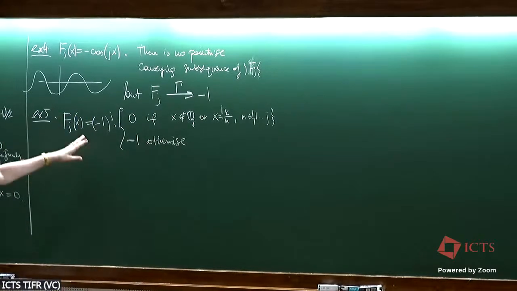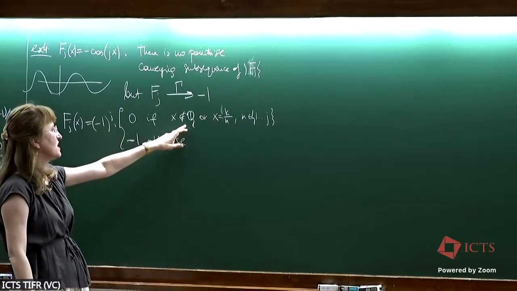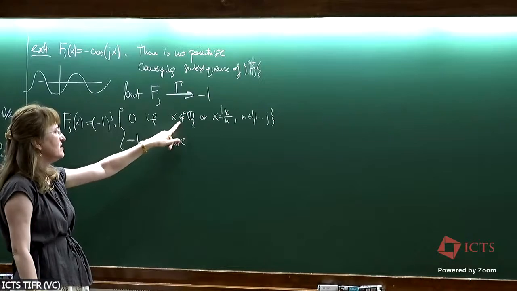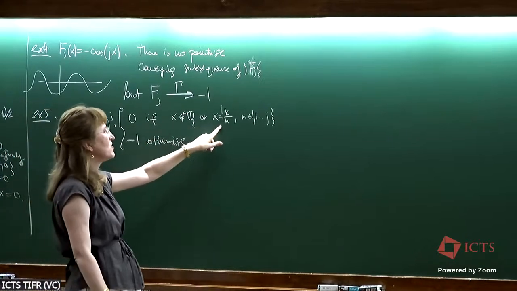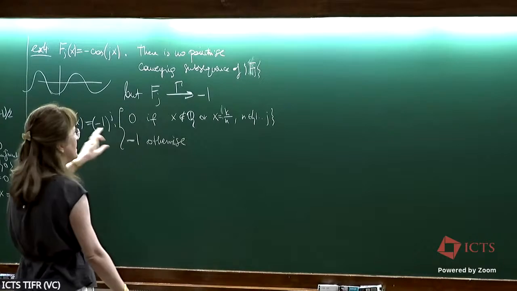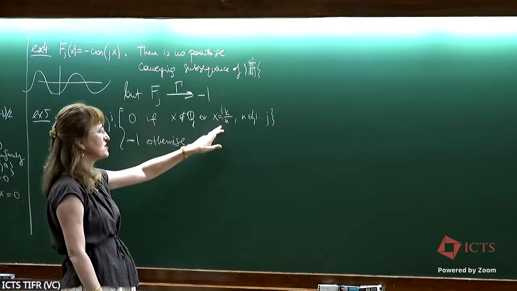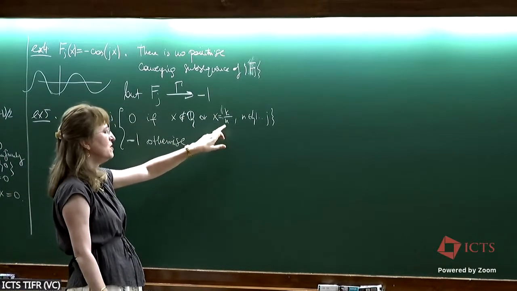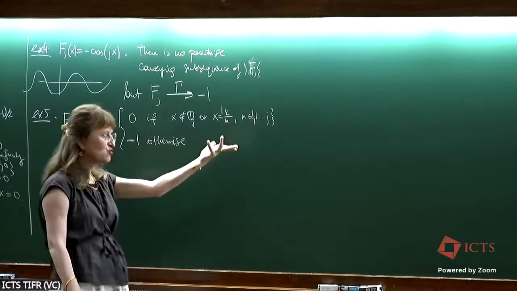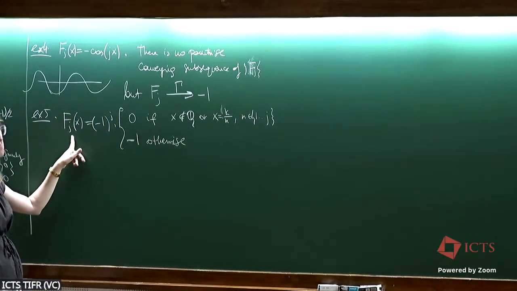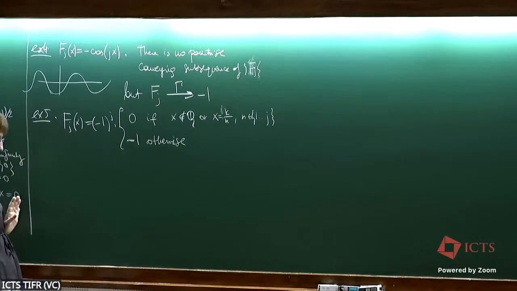So when x is irrational, you put 0, and you get 0 on more and more rational numbers as j increases. In fact, on all rational numbers with the denominator up to j, I'm putting 0. And minus 1 otherwise.